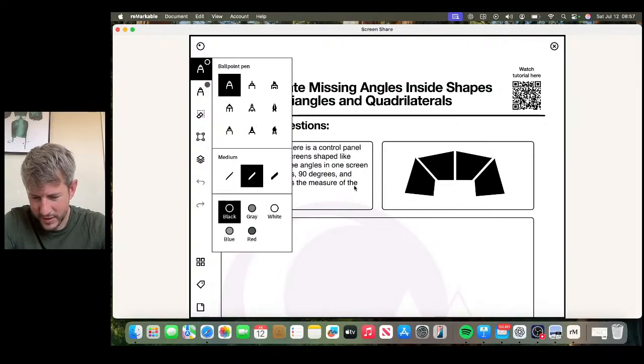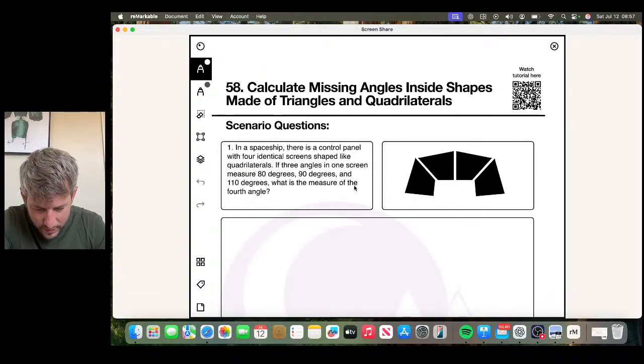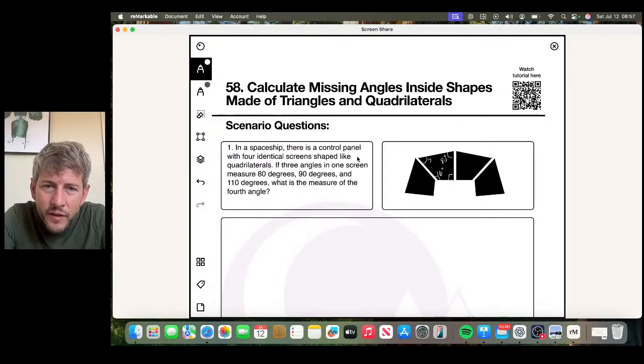Okay, so let me get my white pen and go here. So I reckon that this looks like the 110 degrees. This looks like the 90 degrees. And this looks like the 80 degrees. So we're trying to work out this one here. That's our missing one.